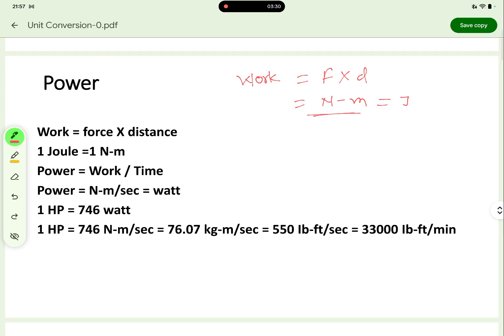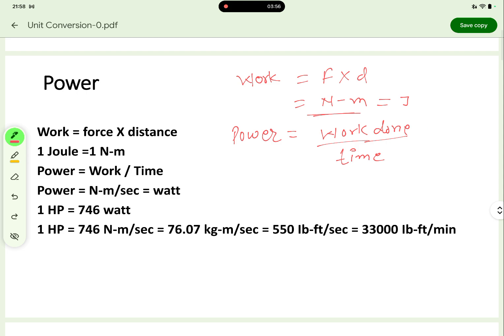And when you want to know about power, power is nothing but the work done per unit time. Sorry, my bad. Power is the work done per unit time, right?